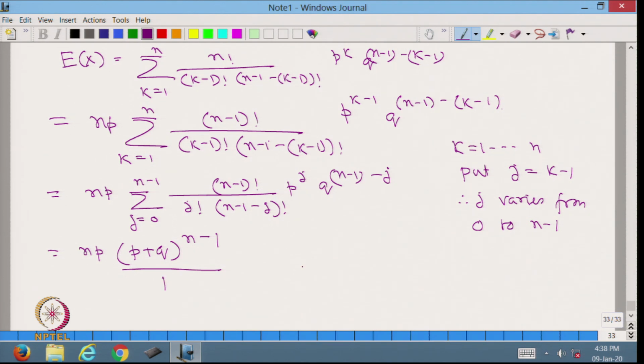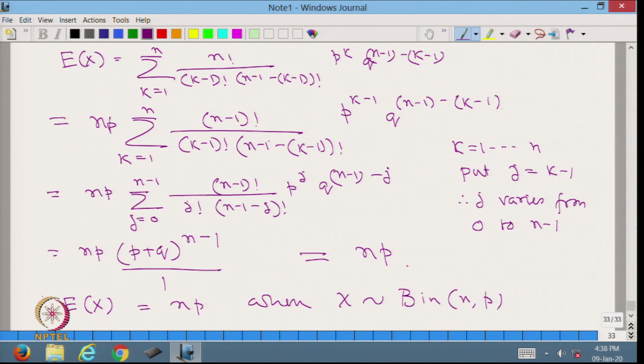This term is equal to 1. Therefore, we get n p. Therefore, the expected value of X is equal to n p when X is distributed as binomial(n, p).